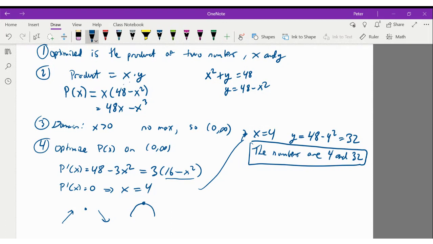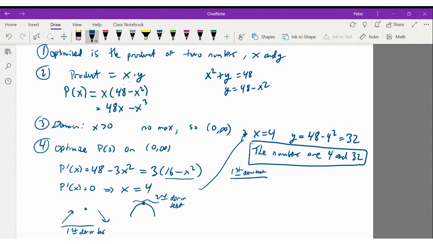This is, of course, what we call the first derivative test. And this is what we call the second derivative test. They're both saying essentially the same thing. So let's do the first derivative test.